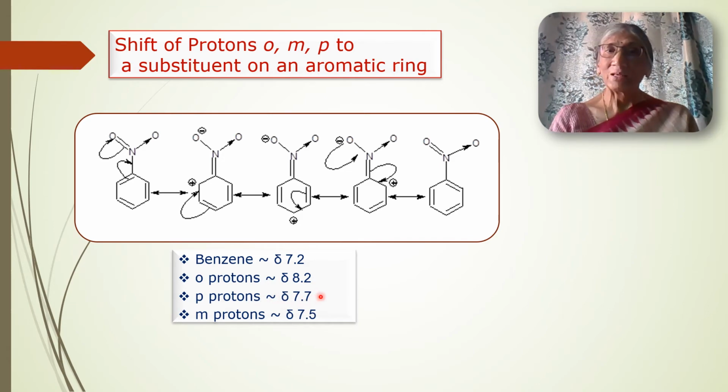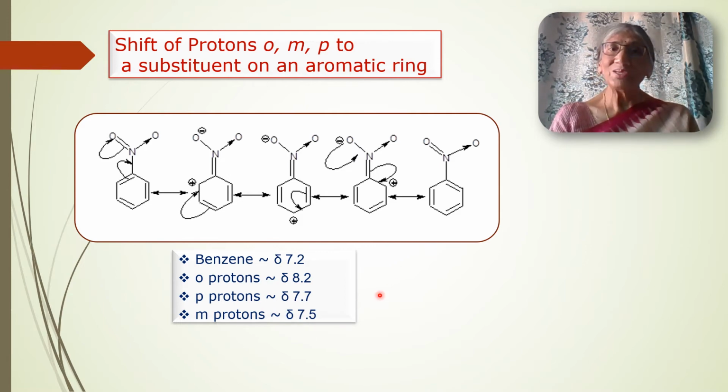Whereas meta protons, where the electron density is relatively better than the ortho and para protons, are slightly shielded protons and the signal is seen at 7.5 delta.